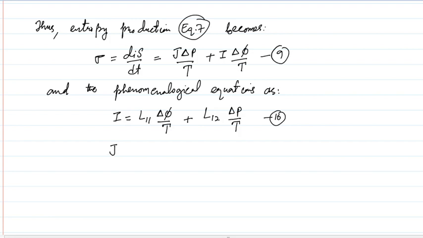And the flow of matter as J equals L12 delta phi upon T plus L22 delta P upon T. This is equation 11.